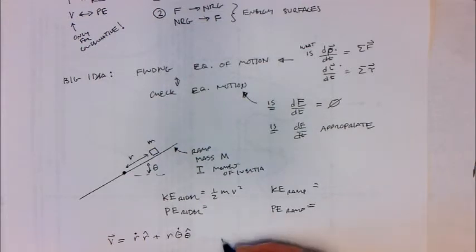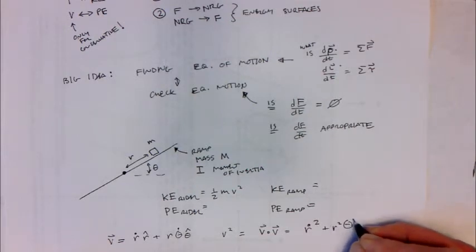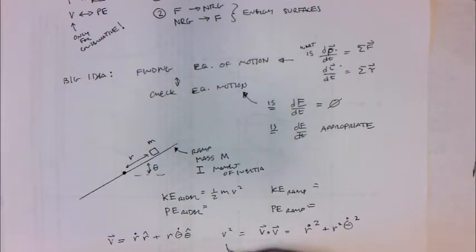And if I take the velocity squared, that's the same thing as v dot v, which is in other words, r dot squared plus r squared theta dot squared. So my kinetic energy for the rider is going to be 1/2 m times r dot squared plus r squared theta dot squared. That's my kinetic energy for the rider.